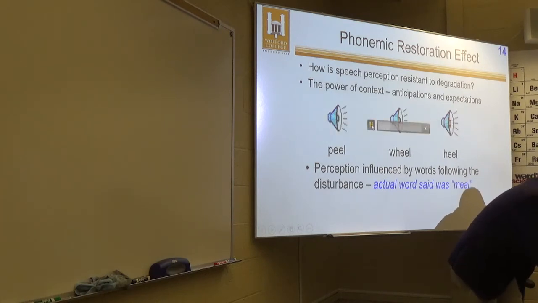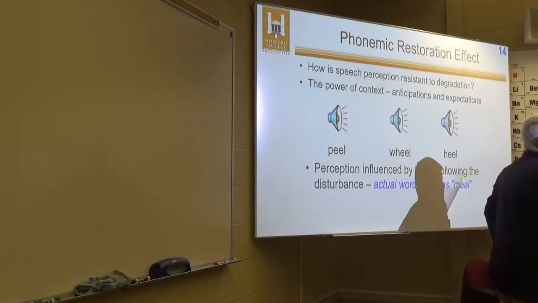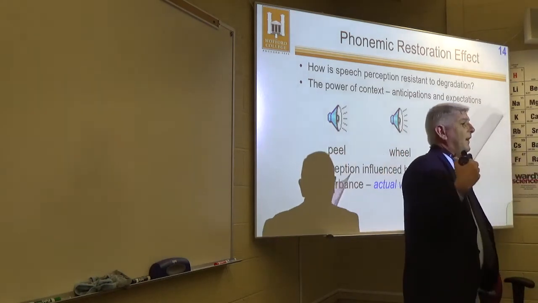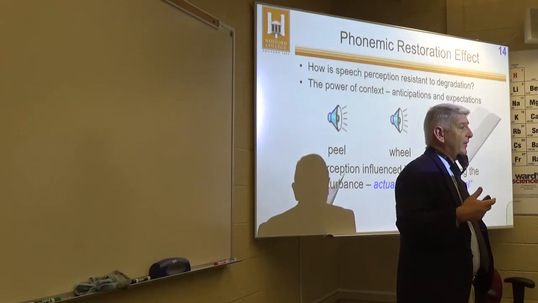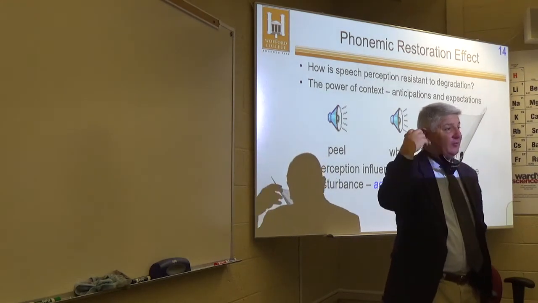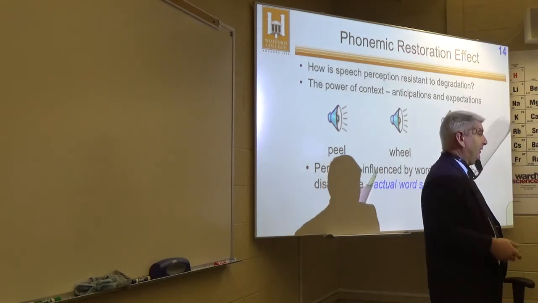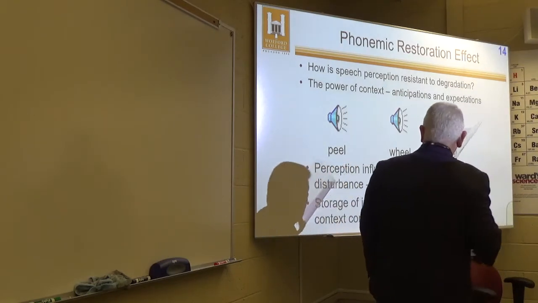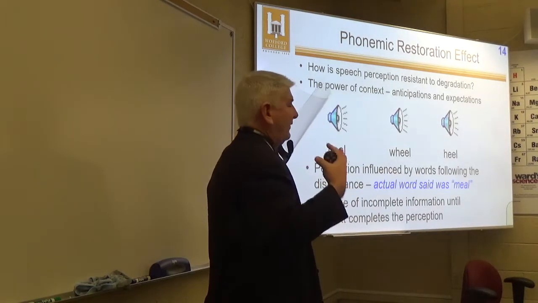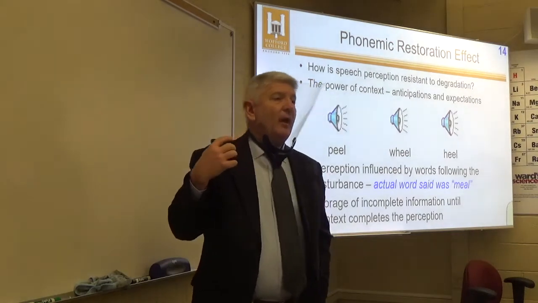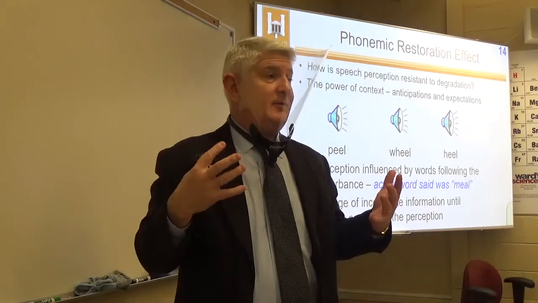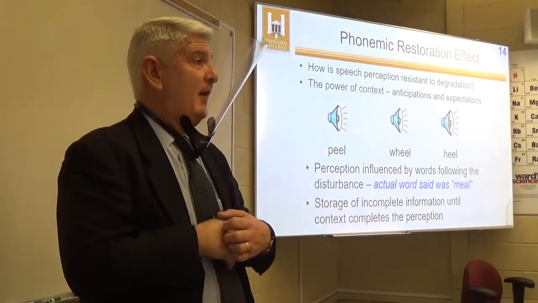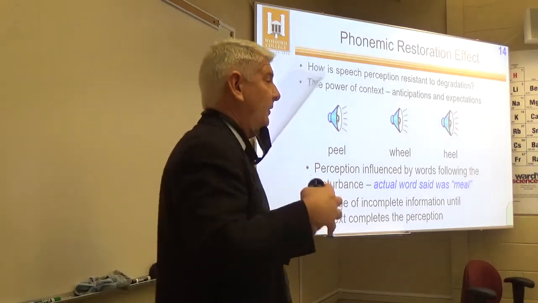It was found that the heel was on the axle. And so by your expectation of knowing what's coming, it fills that in and you actually perceive something that's not there. So we're constantly storing this incomplete information until we get enough context to have the top-down influence and fill in that information.